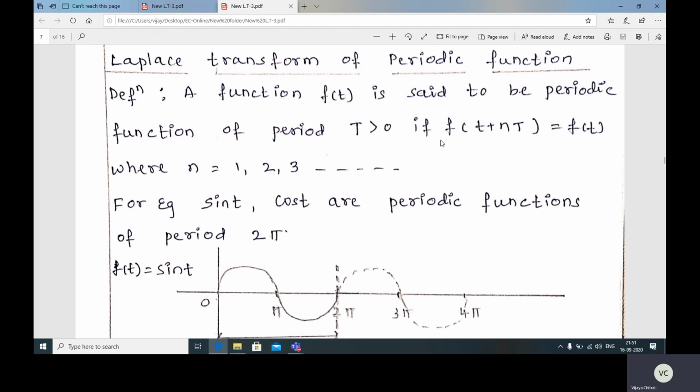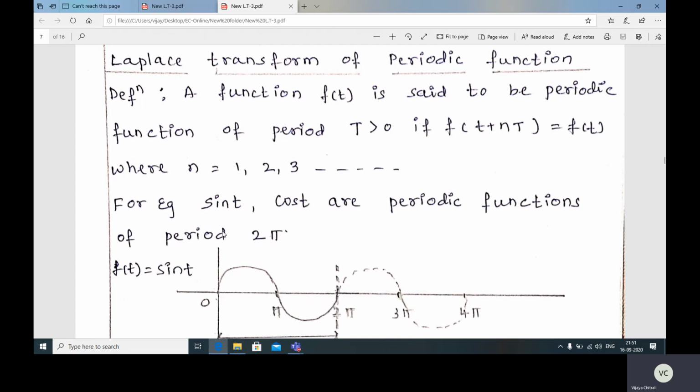The meaning of f of t plus nT equal to f of t is that after some time a function repeats itself, right? Here the period capital T is greater than 0, and small t lies between 0 and capital T.